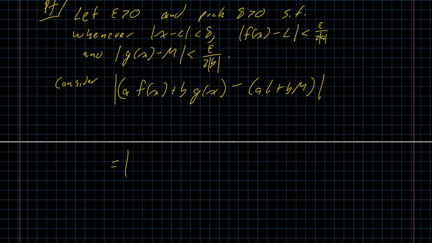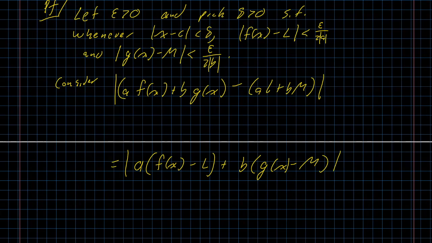I'm going to do that all in one step just to fit more of this proof onto the screen at once. So we get a times f minus a times l, factor out the a, that's a times f of x minus l. And that's b times g of x minus m.